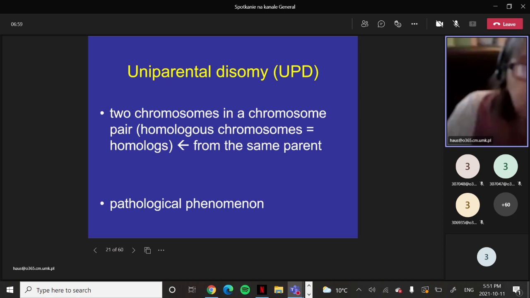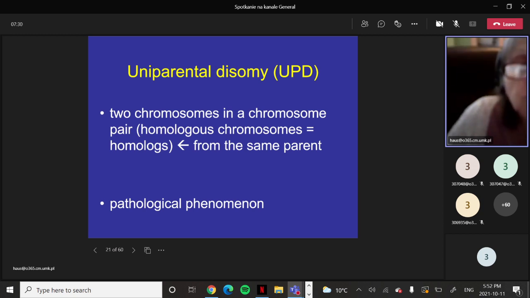And now we'll talk about so-called uniparental disomy. Uniparental disomy, UPD, is a totally different mechanism and process from imprinting. It is a pathological phenomenon, completely pathological, not physiological like imprinting. Okay, and what does uniparental disomy mean?